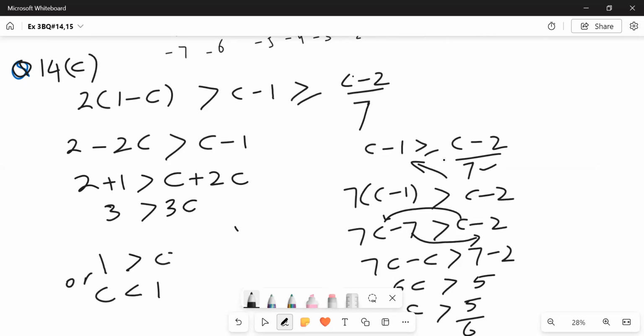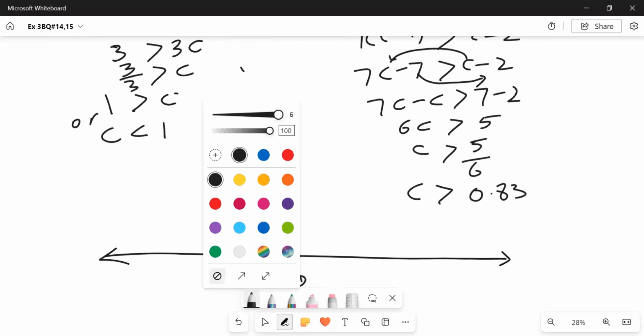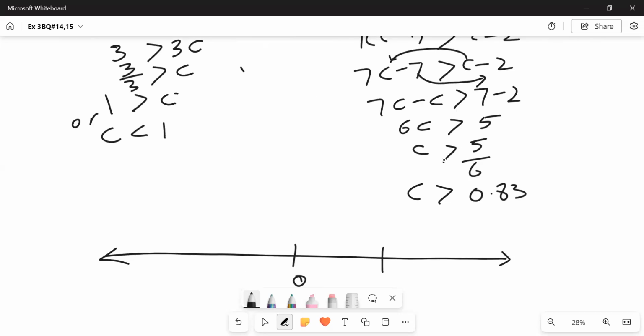I can also move this 3 to the other side and it will be 1. So it is 1 and 2, both are positive, so C is lesser than 1 and 2.